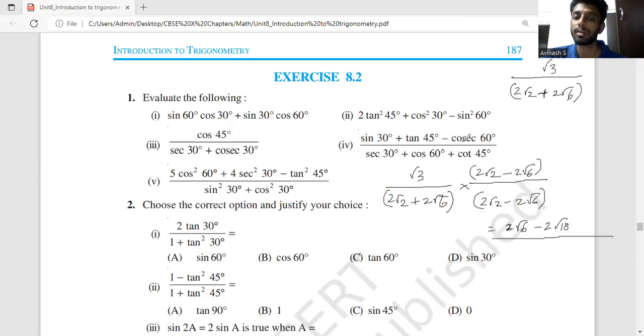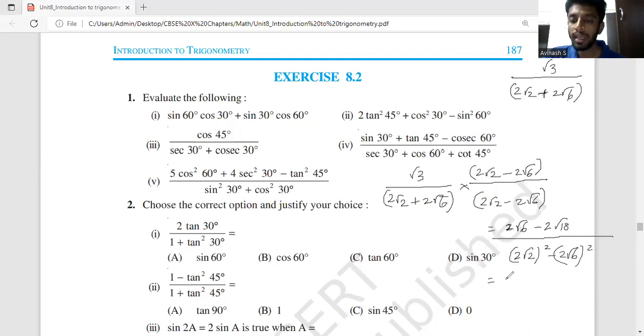We all know a plus b into a minus b is a square minus b square. I repeat, this is a plus b and this is a minus b. So this will become a square minus b square, where a is 2 root 2 fully and b is 2 root 6 completely.